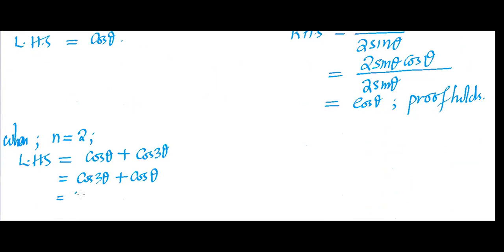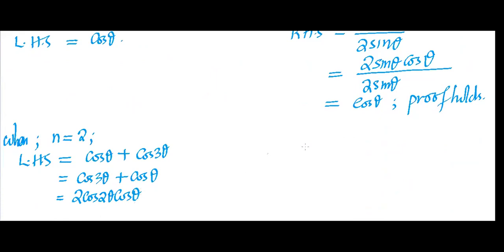When adding cos's, we get 2 cos 3 theta plus theta is 4 theta over 2, that is 2 theta. Then subtract them times cos the difference. 3 theta minus theta is 2 theta over 2, that is theta.